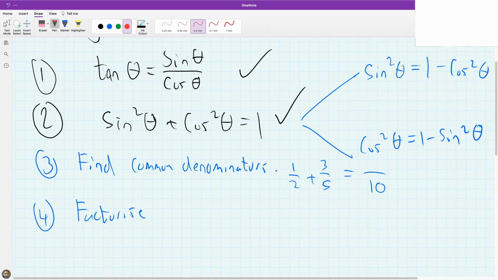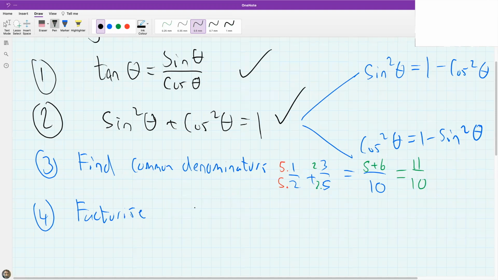And in order to get that common denominator, you times the top and bottom by 5 here, and you times the top and bottom here by 2. And what that allows you to say is that 5 plus 6, and so that would give me 11 over 10. So you need to know how to find common denominators, and you also need to be able to factorize.